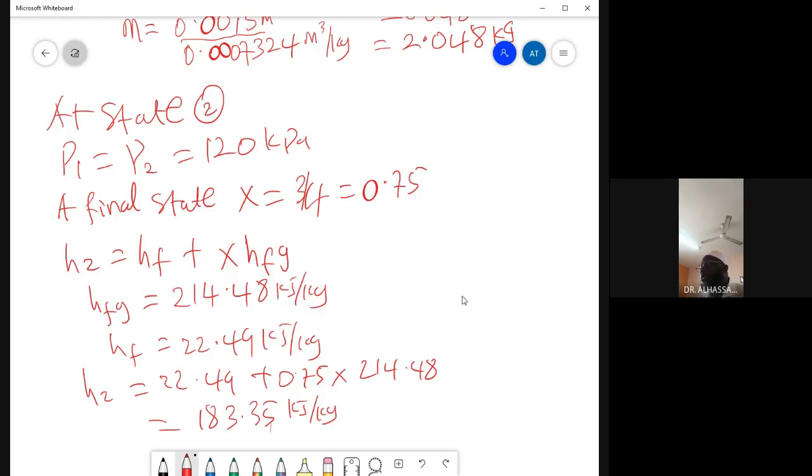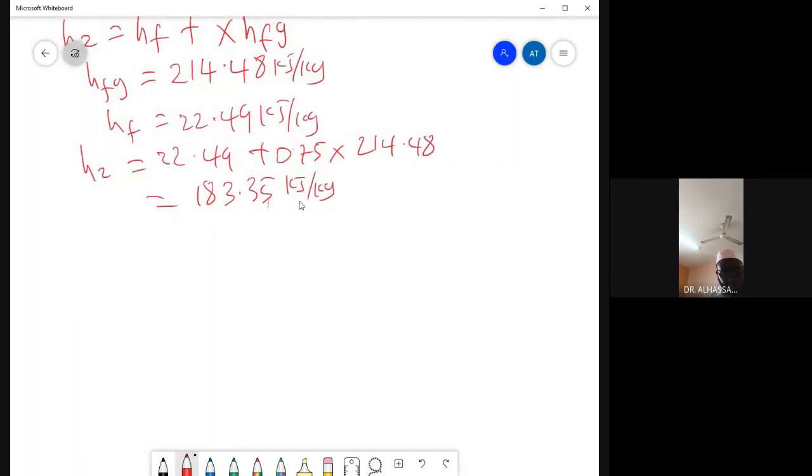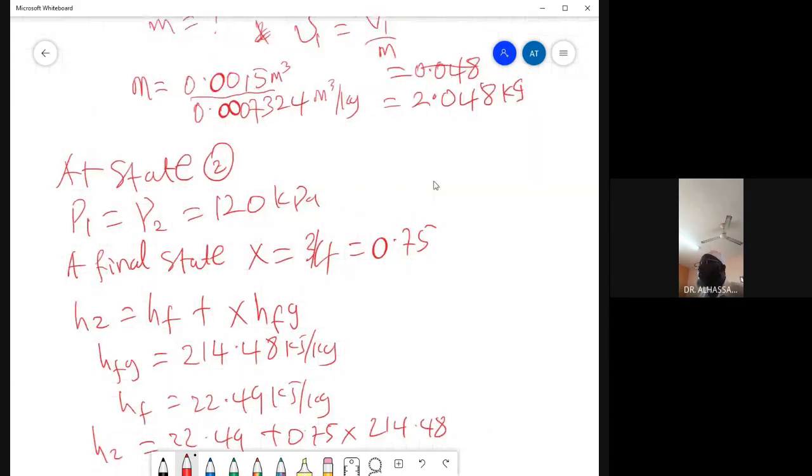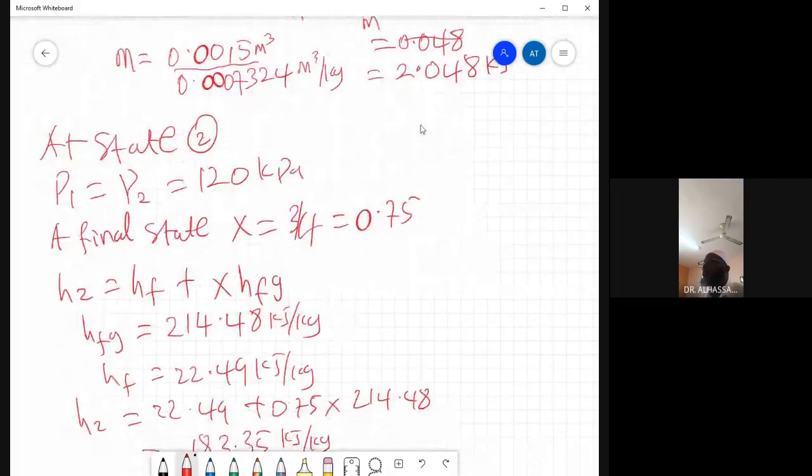So now from this equation, we can determine W electrical, which equals the mass of the fluid times h2 minus h1, minus W shaft. What was the mass we got? The mass of the fluid, 2.048.